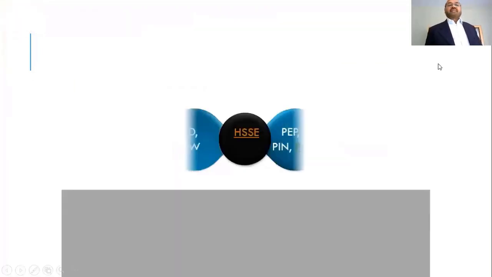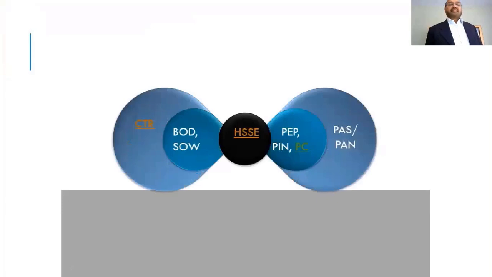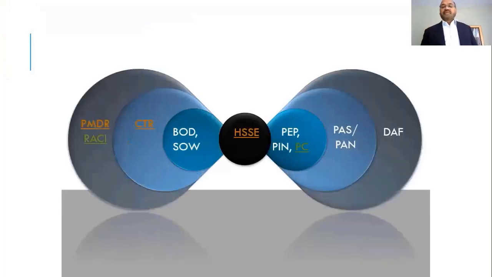So with the plan, there are a lot of different activities which we need to have a brief look at. Those activities, like you see here, PMDR and RASI. PMDR is the Project Master Document Register, which all of us who are involved know about, and RASI we know about it.